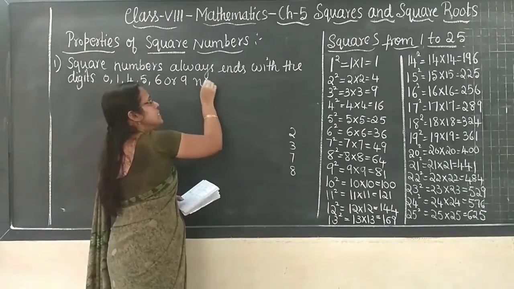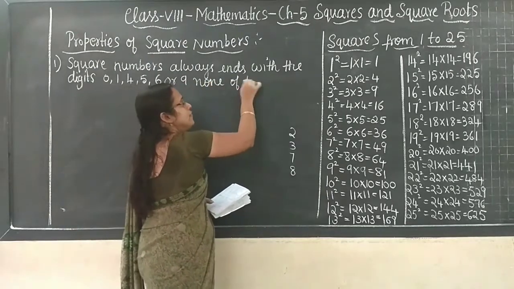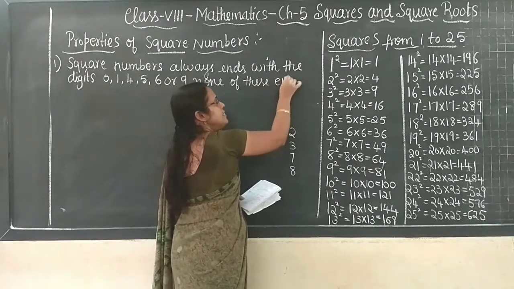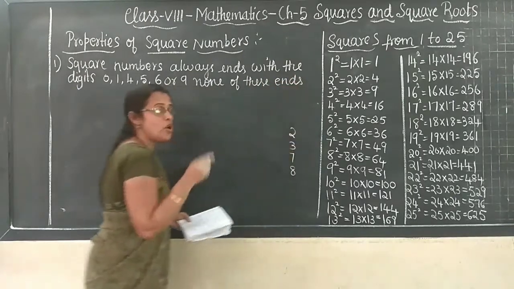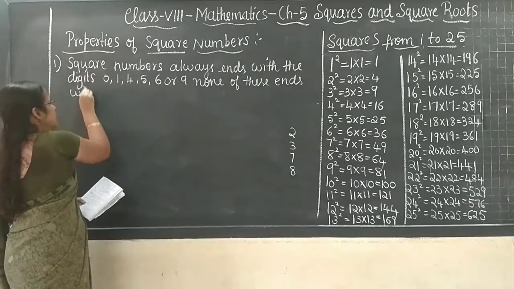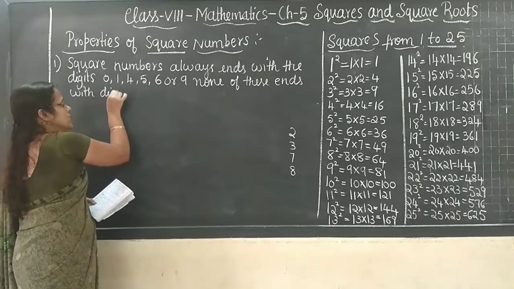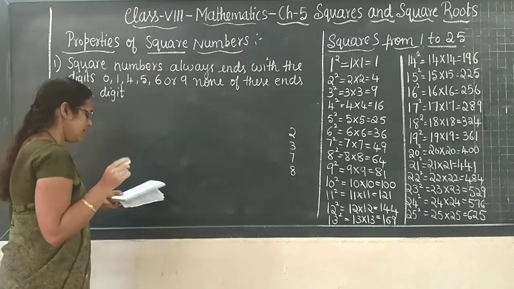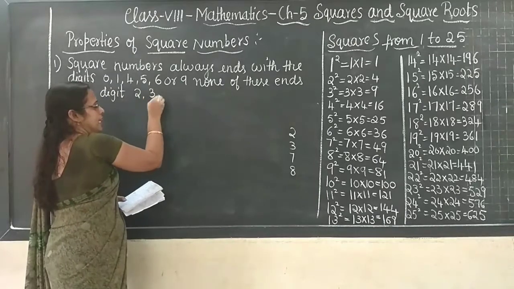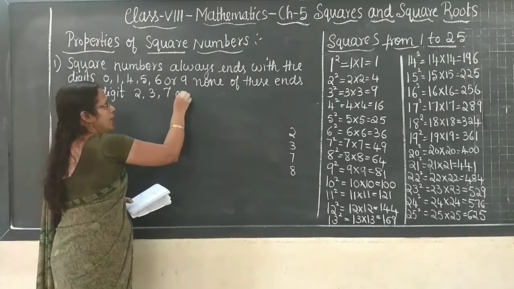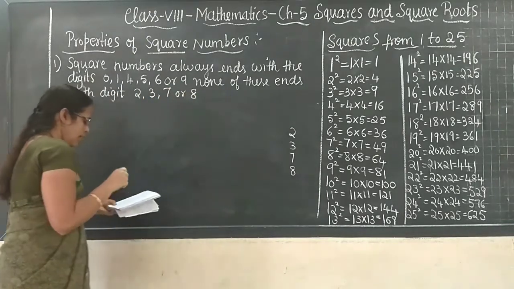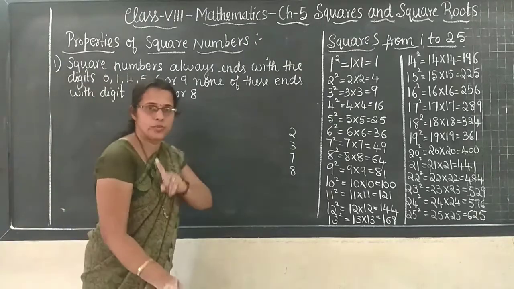None of these ends with the digit 2, 3, 7 or 8. Okay, so this is the first property.